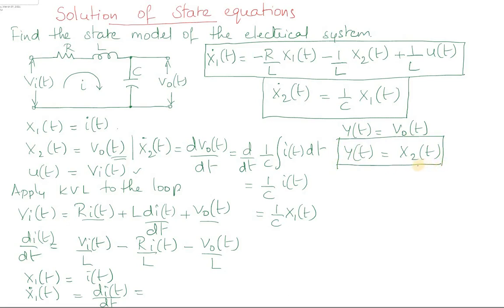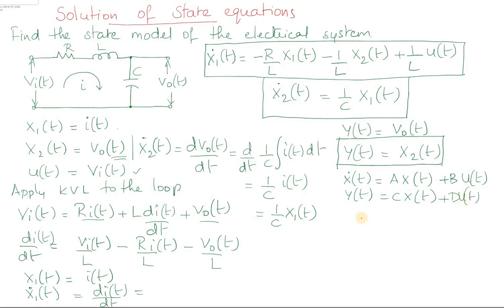Now we'll write the solution in matrix form. So we need to write the two equations. The first equation is x dot is equal to A into x of t plus B into u of t. The second equation is y of t is equal to C x of t plus D into u of t.